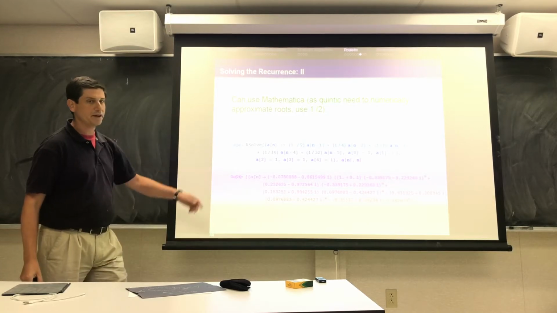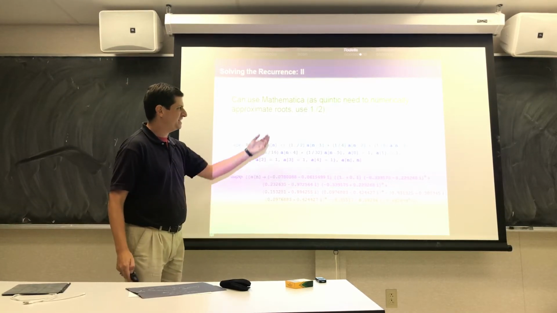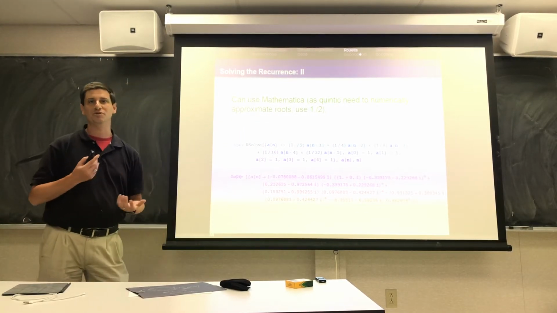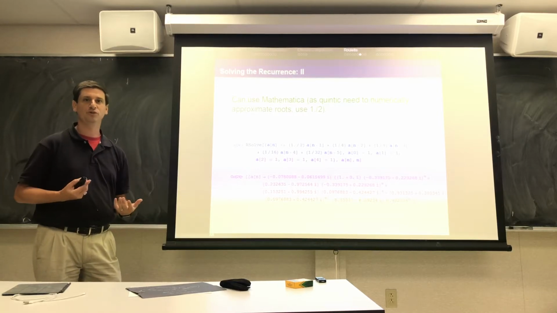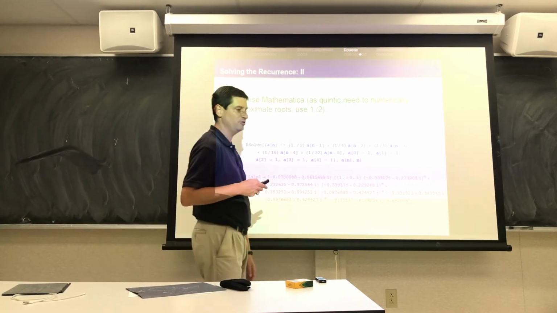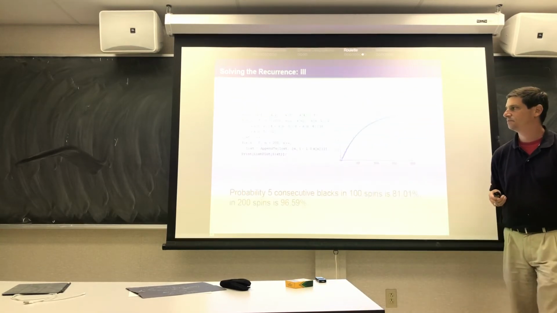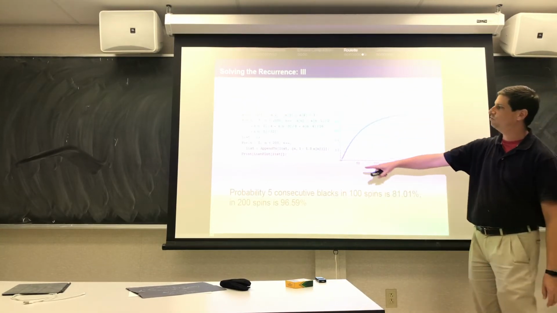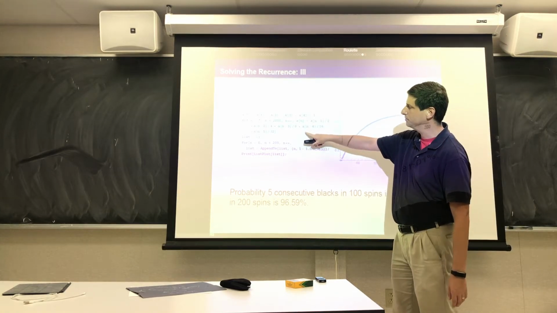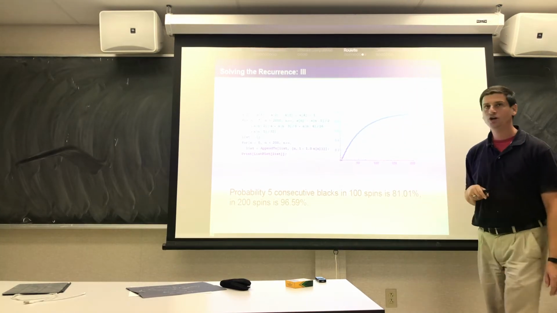You could also use Mathematica and try to do things as before. It's a quintic. For those of you who've taken abstract algebra, you cannot write down, unfortunately, the roots in general as a function of the coefficients, but you can numerically approximate. We can, of course, write a very simple code and then just run the code.